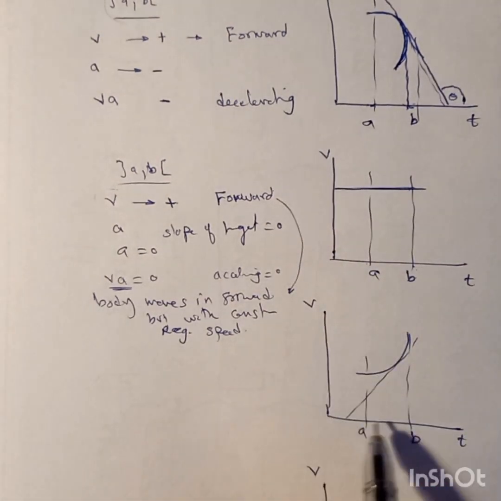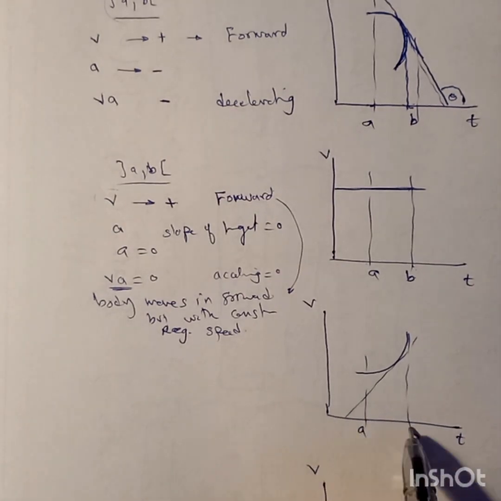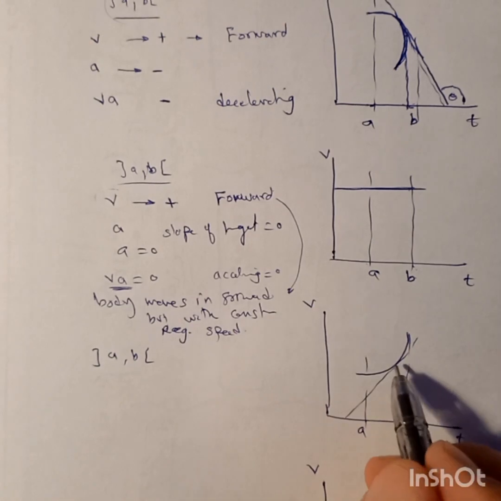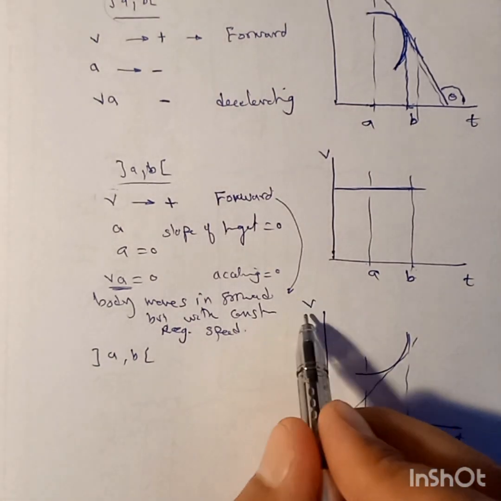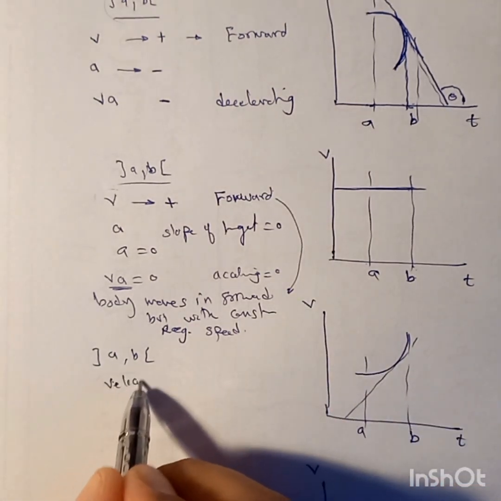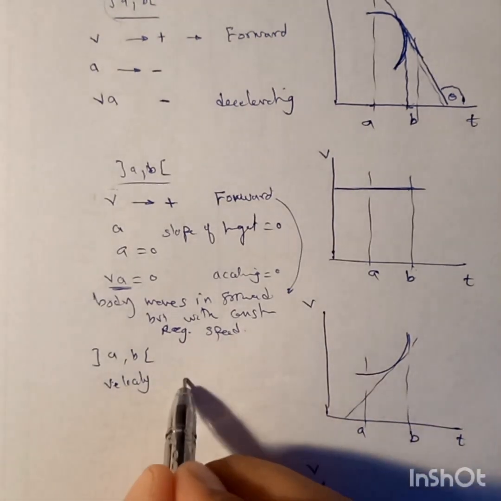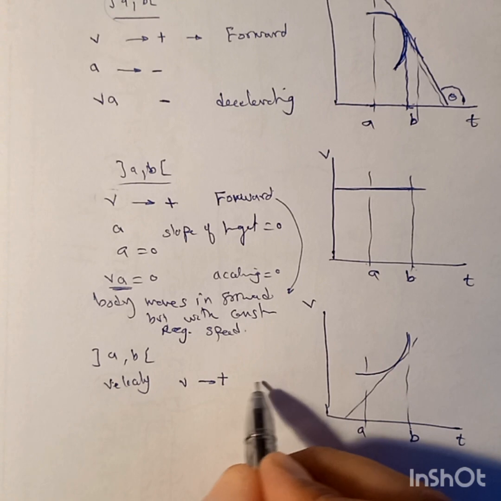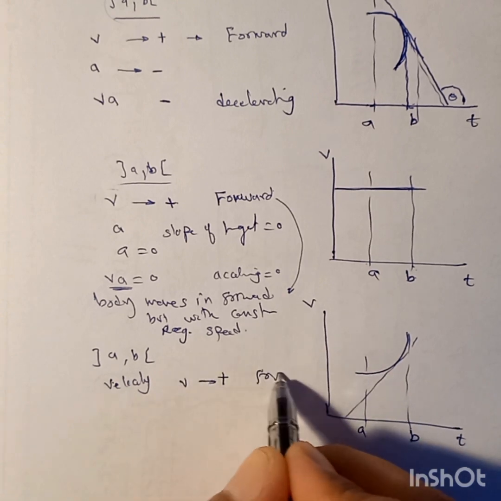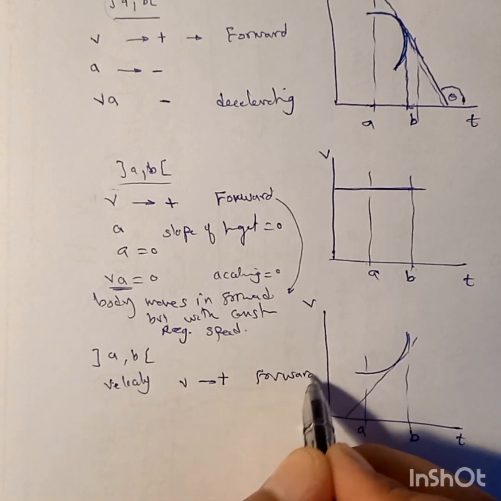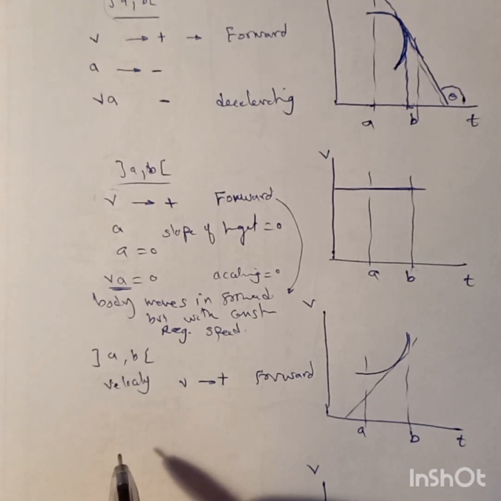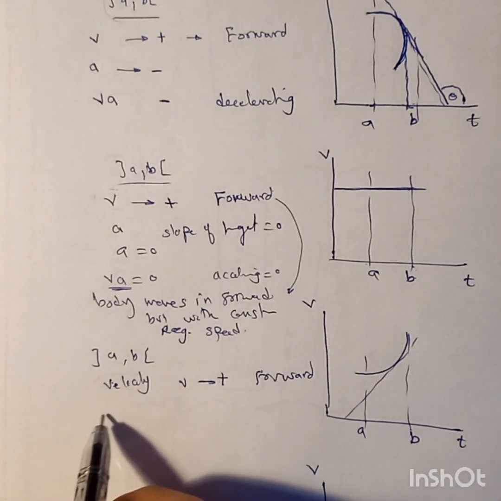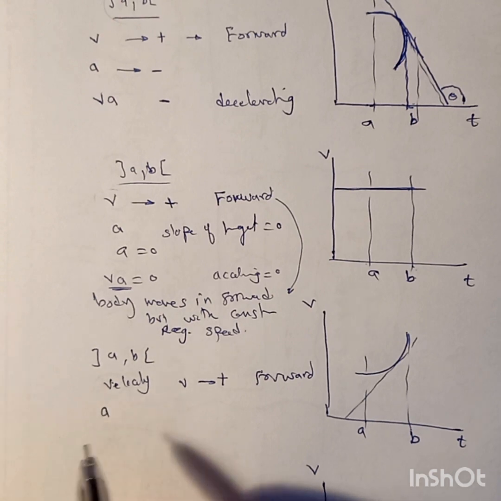For the third curve during time interval a and b, the sign of velocity is positive, as the curve is drawn above the x-axis, so v is positive, and consequently the motion is in the forward direction. To find if the motion is accelerating or decelerating, we first have to find the sign of acceleration.